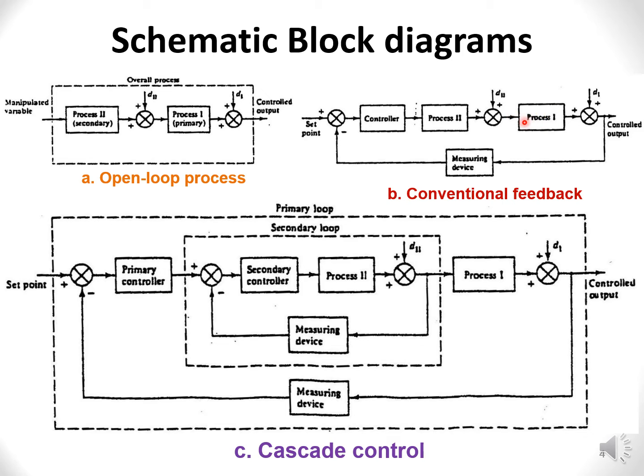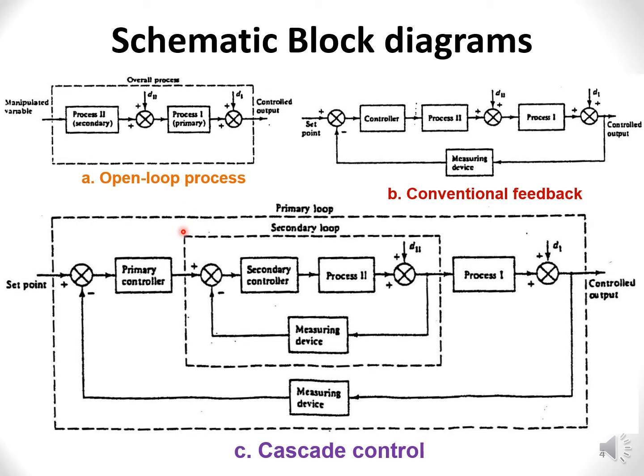In trying to control the temperature of the reactor, which is the output measured here, with the set point from the primary one outside, we have the controller manipulating the flow of the coolant. We have a problem here, as I mentioned before, because process 2, the coolant part of the process, can be changing, and we don't have control over it.